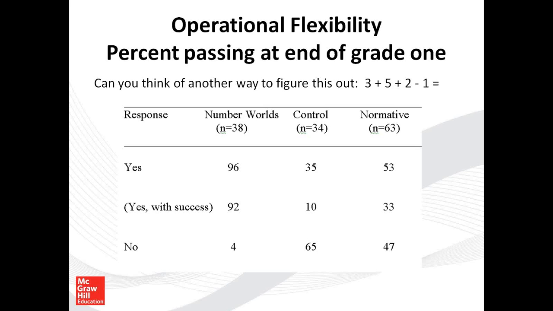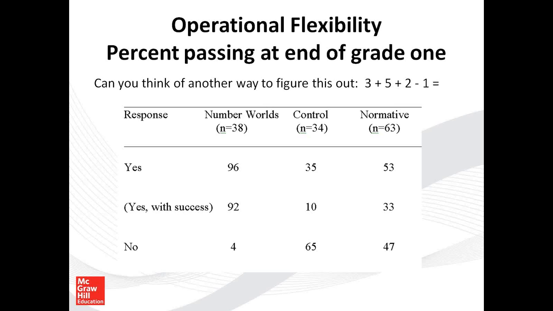And then, after they solved it, unless they were unable to even begin, they were asked a second question, whether they came up with a correct answer or not to the first question. The second question was, can you think of another way to figure this out? The Number Worlds group, as the figures in this chart show, 96% said yes, I can.